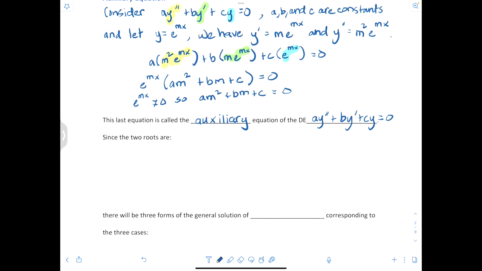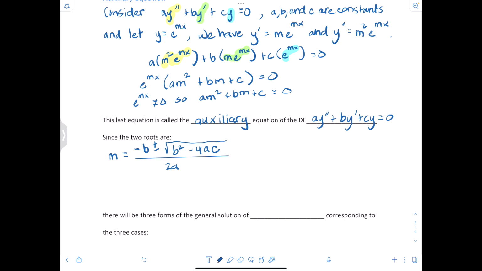Since the two roots are m equals, I'm going to show you how to get the roots using the quadratic formula. So m would be the opposite of b, right, a, b, and c, plus or minus the square root of b squared minus 4 times a times c all over 2 times a.